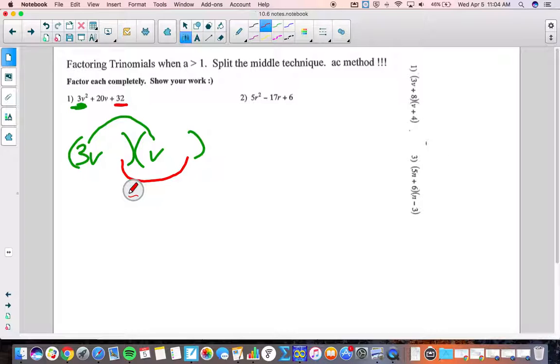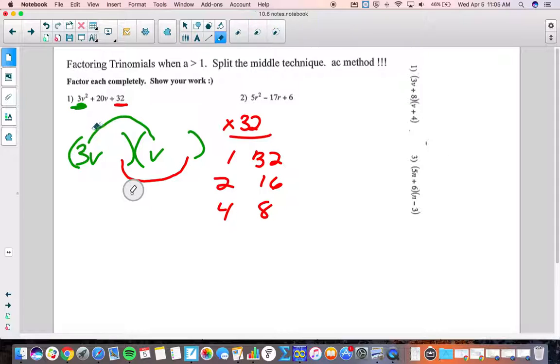So what we're going to do now is think about the different ways to multiply to 32. I'm going to make a list of the factors of 32, or you can look at your list of factors of 32. 1 and 32, 2 and 16, 4 and 8, and I think that's it. So I could put any one of those pairs in to produce 32, but what we're going to actually check is, how do we get 20v?